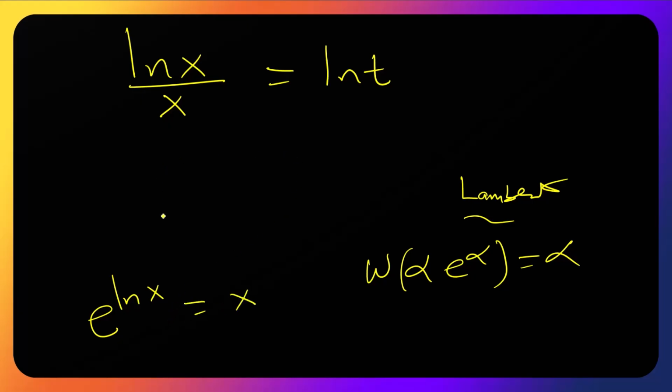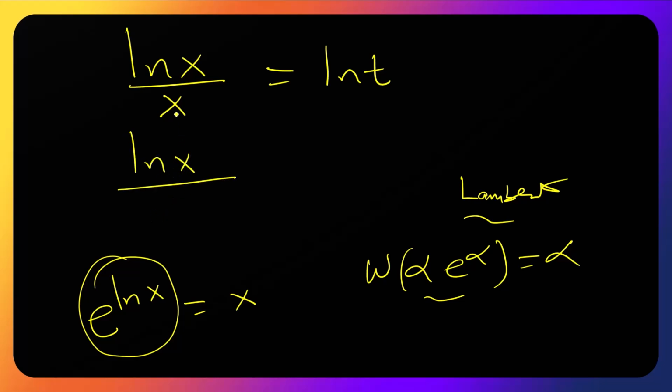Okay. Now, before we can change this one to this form, we have to introduce this one here. So from here, we can say ln of x on, and instead of this, I'll make it e exponent ln of x.